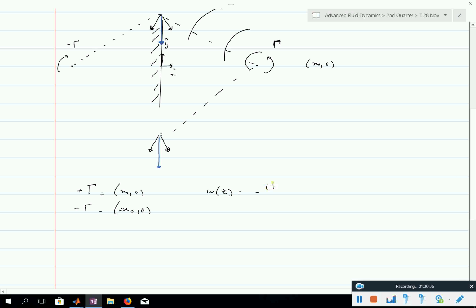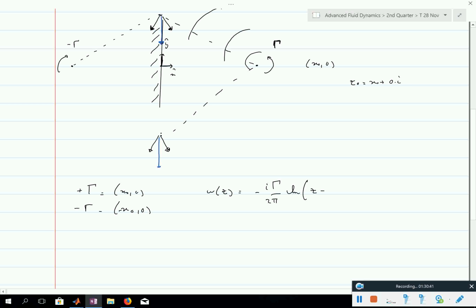So the complex potential associated is minus i gamma divided by 2 pi log of z, but it's actually log of z if the vortex is at the origin. Here my vortex is not at the origin, so I have to take z minus the complex number associated with this location here. You can call it z naught or x naught, where z naught is equal to x0 plus 0 times i.